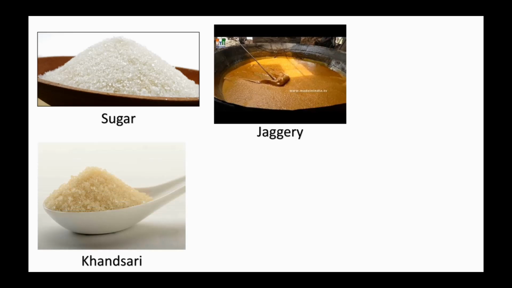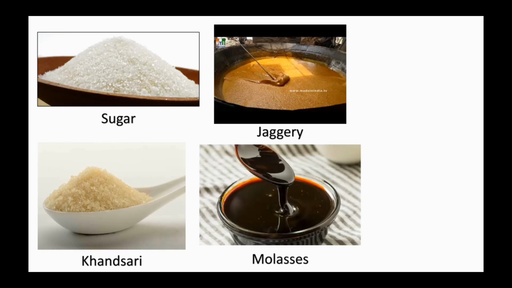Next is khandasari. It is a non-bleached raw white sugar made from thick cane sugar juice. It does not contain any harmful chemicals.